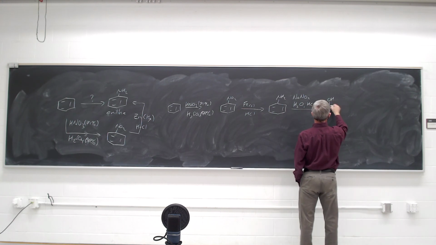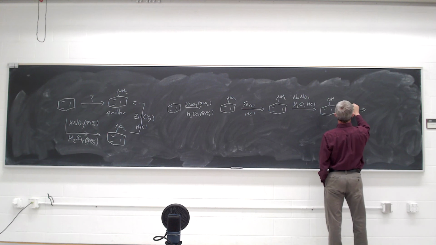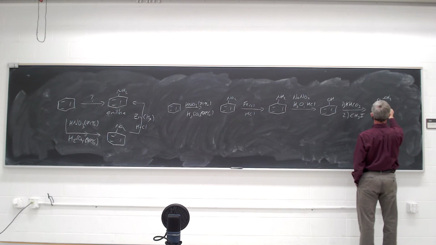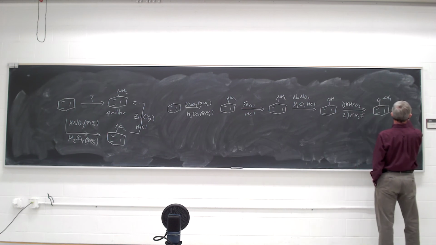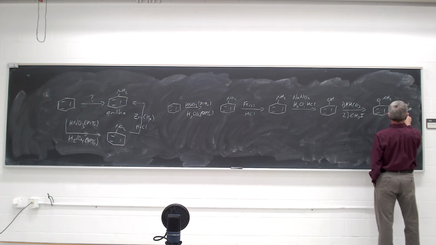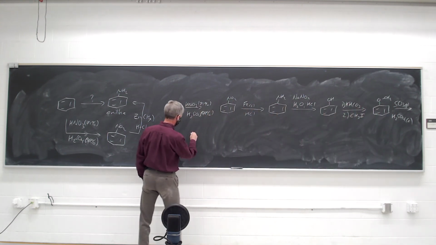Diazotization to make the phenol. Put a methoxy group on there. SO3 gas, H2SO4 liquid, fuming sulfuric acid. Put the sulfonic acid in the 4 position.